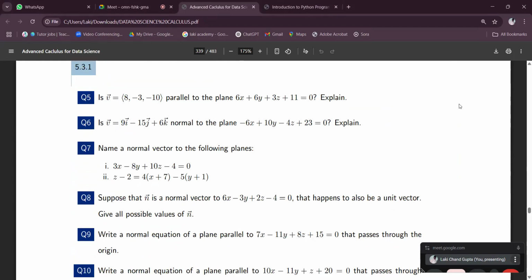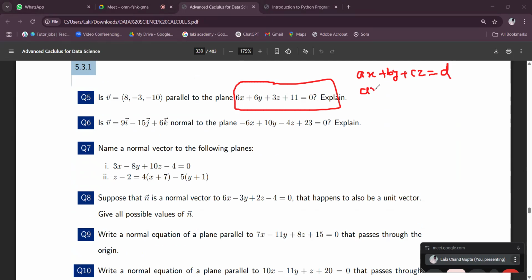So how can you check that these vectors are parallel to an equation of normal? Let's suppose ax + by + cz is equal to d, right? Ax + by + cz is equal to, let's suppose this is d1, this is d2.